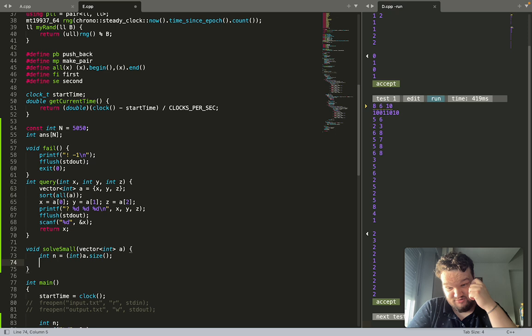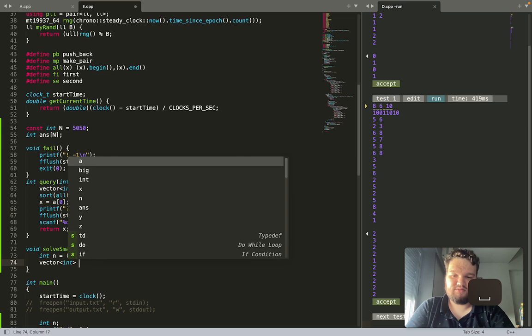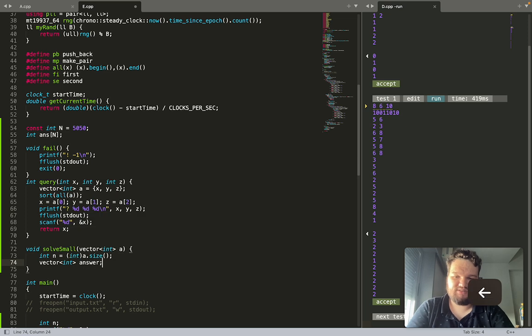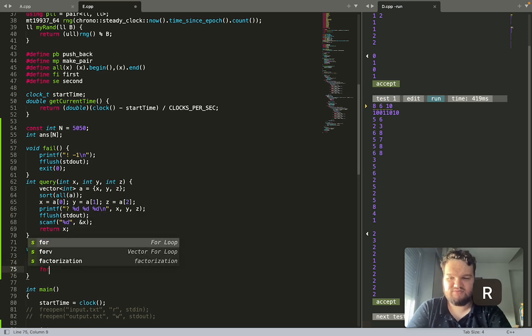Okay, so in solve small, I will iterate over all the triplets, ask about all the areas. So let's say that we have these 3 answers.